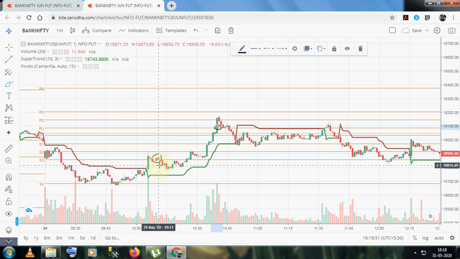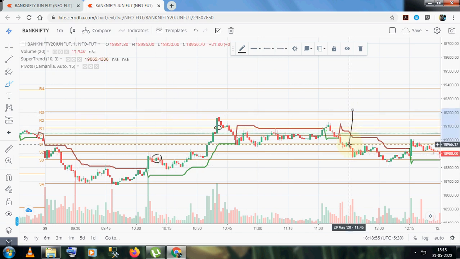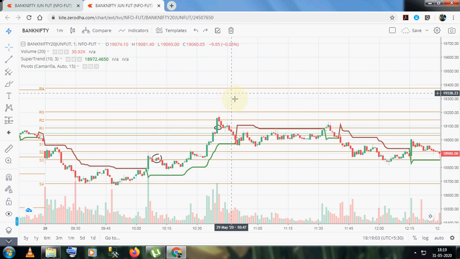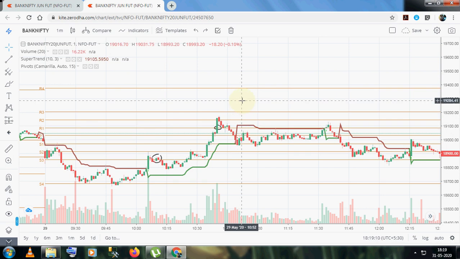The same logic lies even when you want to take a short position. You have to make sure that your shorting position is shown somewhere in between R2 and R4 and super trend is changed. Now if you consider this region like say 1049, the super trend showed you to sell.